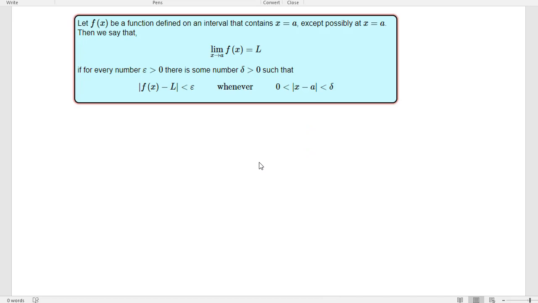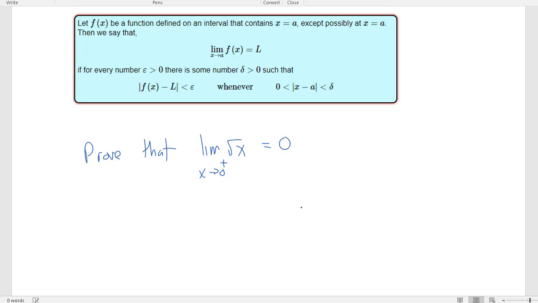All right, let's go ahead and do one last example where we are proving a particular limit. Let's suppose we want to prove that the limit of the square root of x as x approaches 0 from the right is going to equal 0.